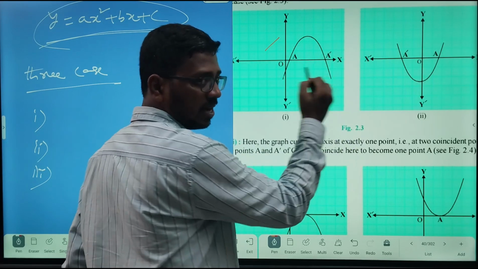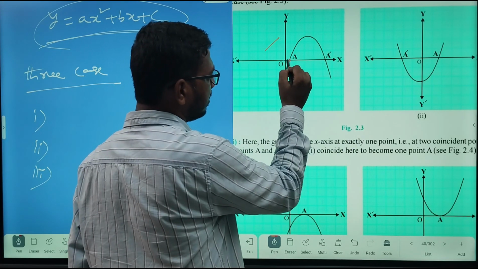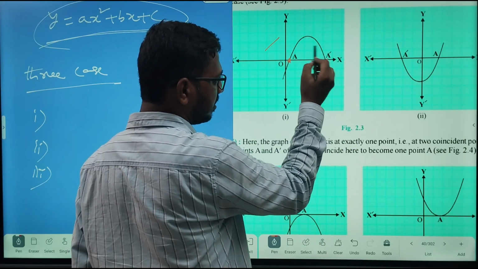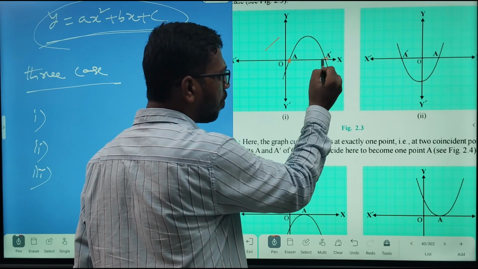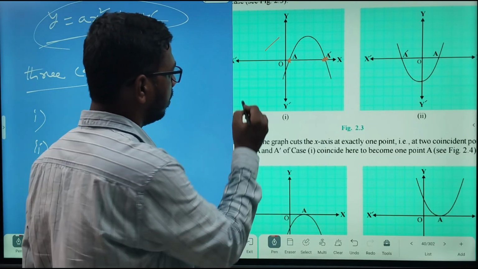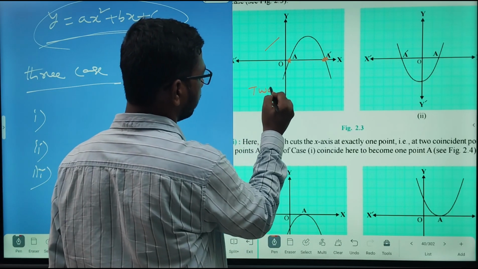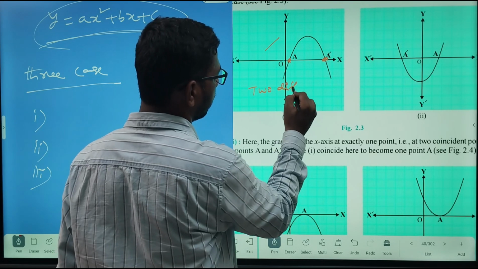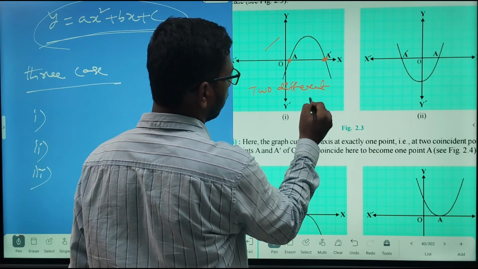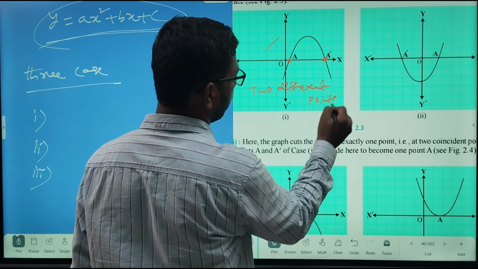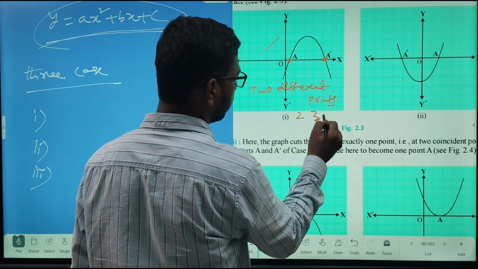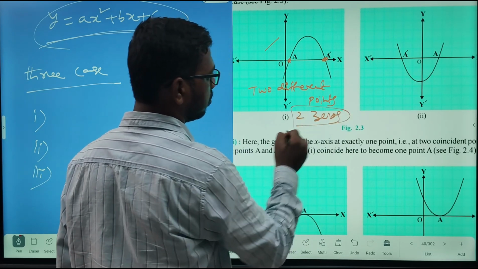This horizontal line is the x-axis. So this parabola touches this x-axis at 2 points, 2 different points. It means 2 zeros. In this case, 2 zeros.